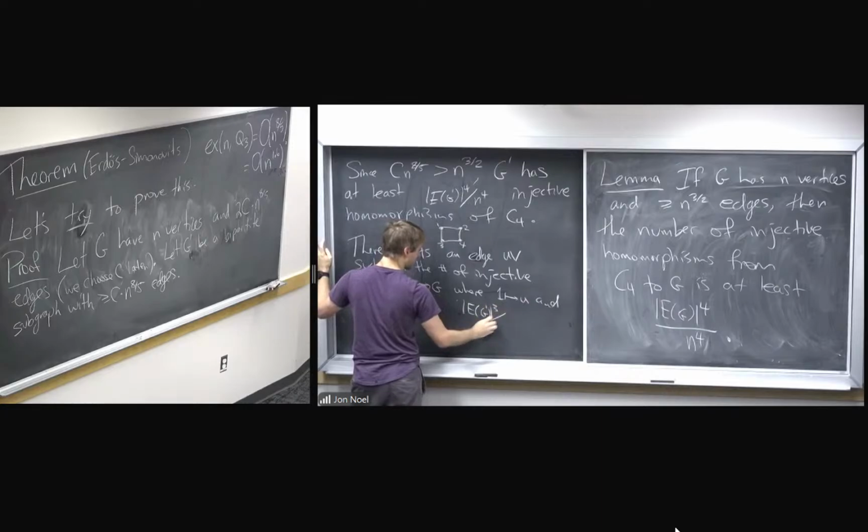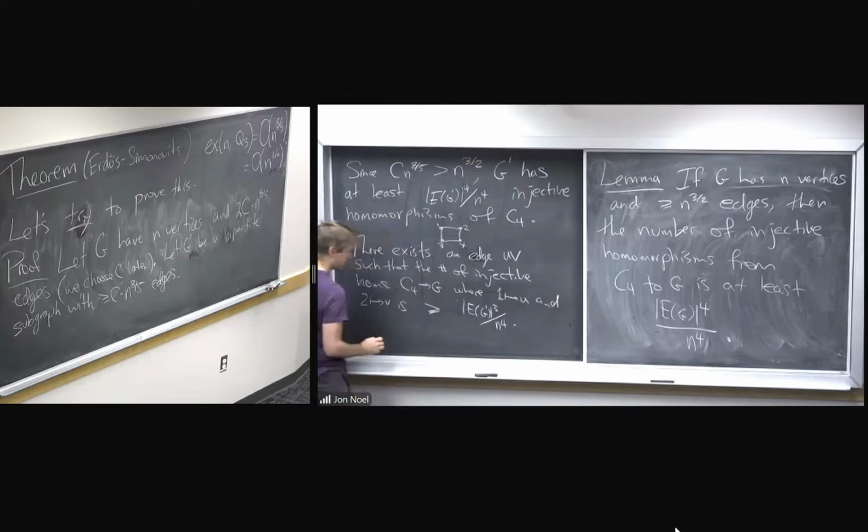So it's the number of edges of G prime cubed over n to the 4. In other words, if you've got a lot of 4 cycles, then there's some edge that's in a lot of 4 cycles.